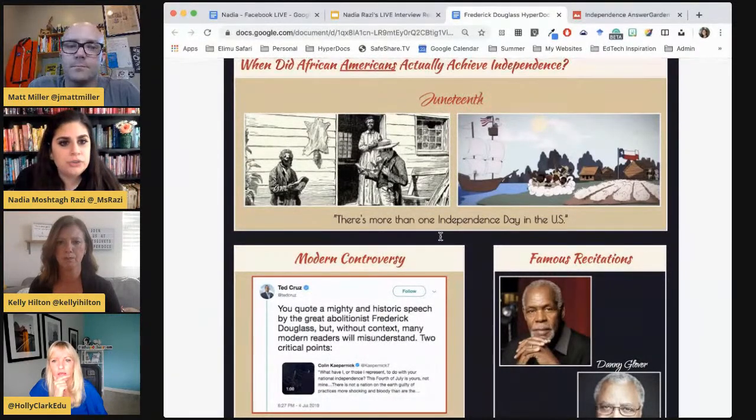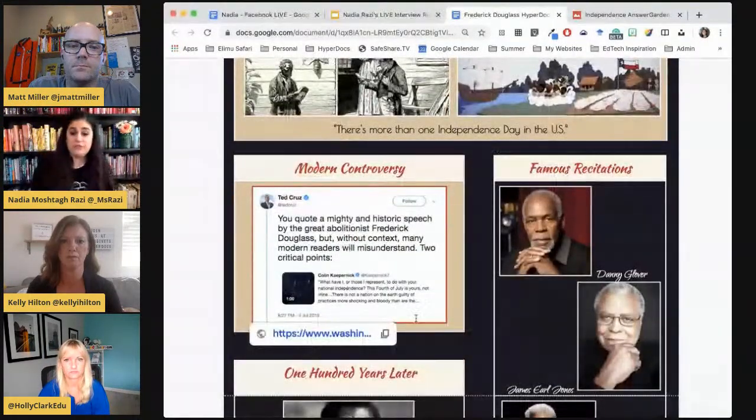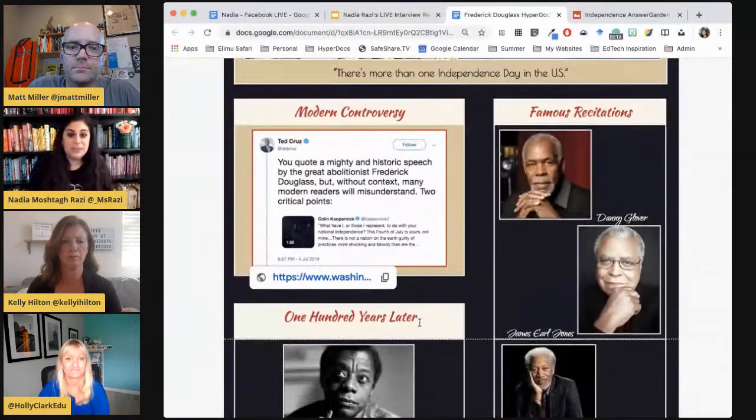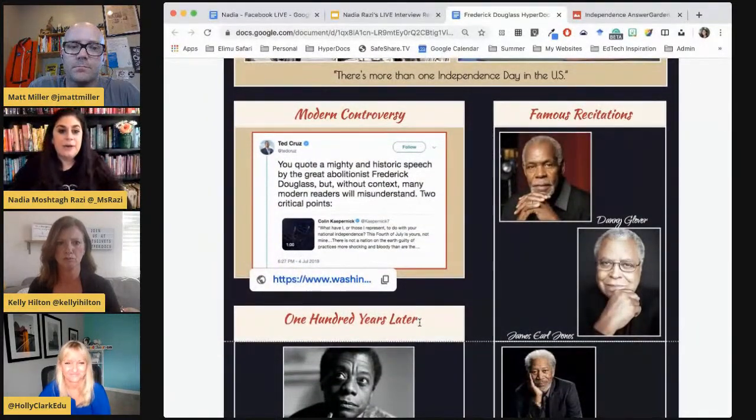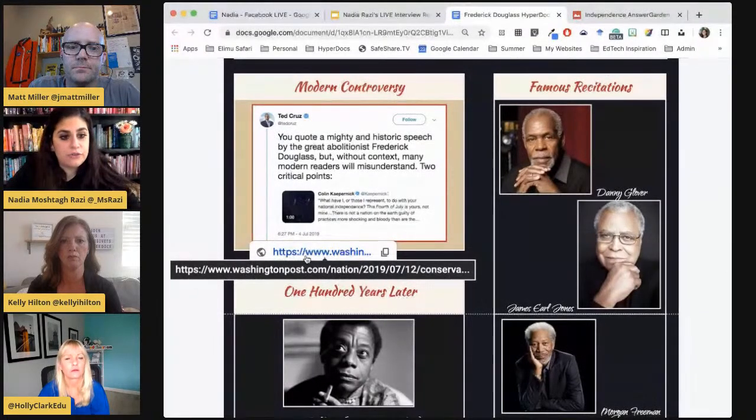I wanted to also include this modern controversy, that's somewhere that I can include a lot of the information about Juneteenth that we've been experiencing the last couple weeks. The one that I did include in here was from the last 4th of July. Colin Kaepernick quoted a passage from What to the Slave is the 4th of July on the 4th of July and tweeted it.